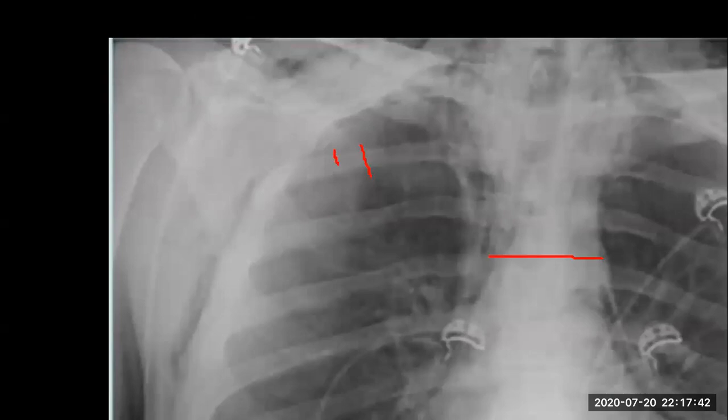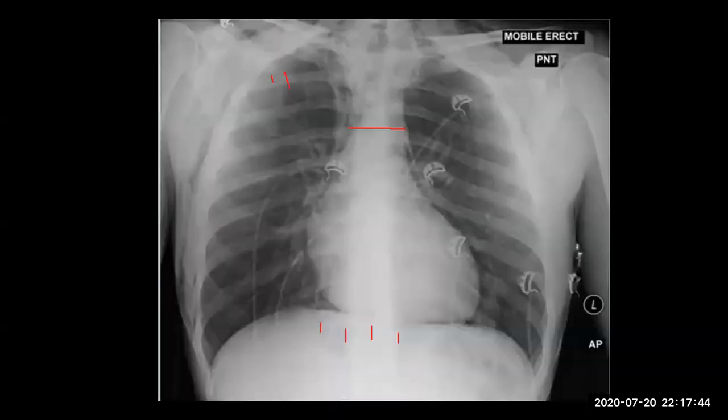What is the name of the sign for cervical emphysema? If the air is dissecting the pectoralis muscle, giving the appearance of what?